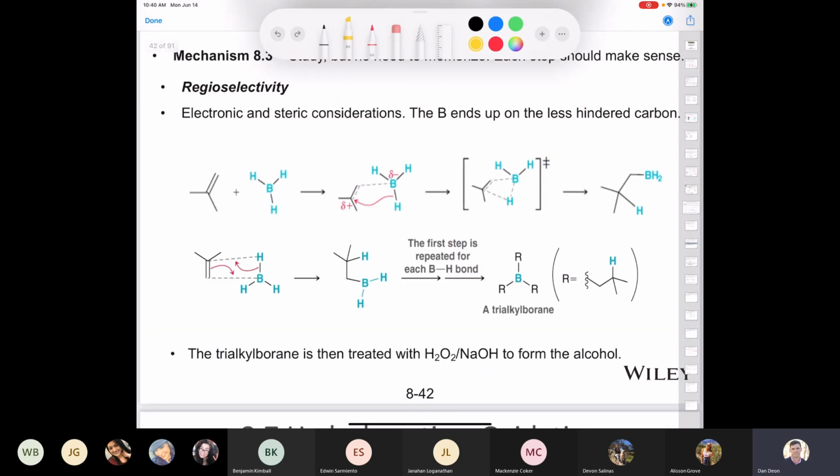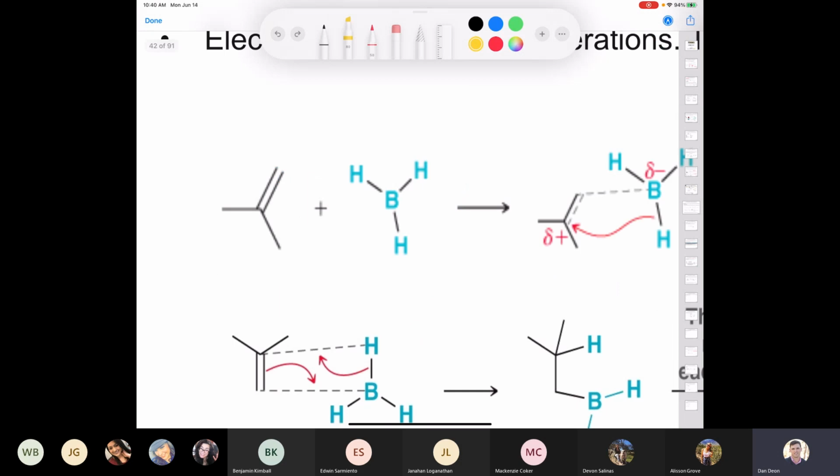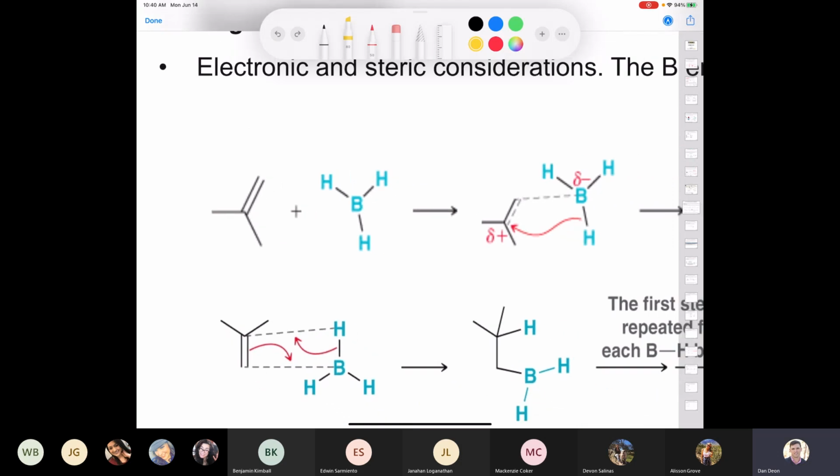What happens when you have an alkene and the borane, is that since the boron is electron deficient, the pair of electrons from the pi bond is going to want to dump electron density into that empty p orbital.